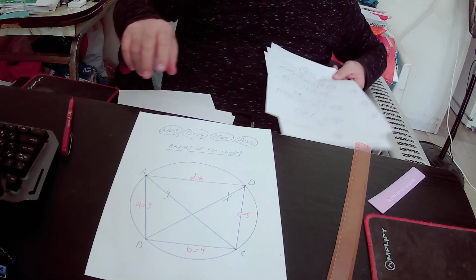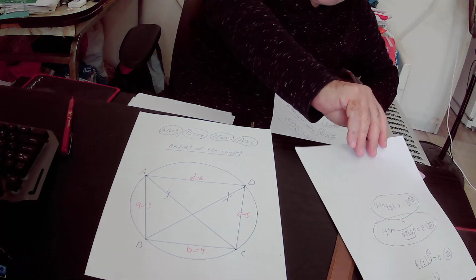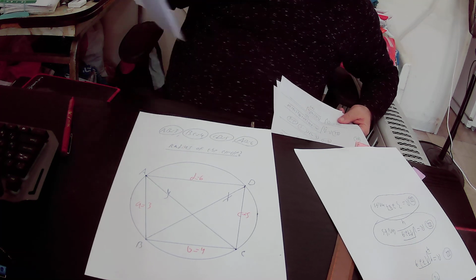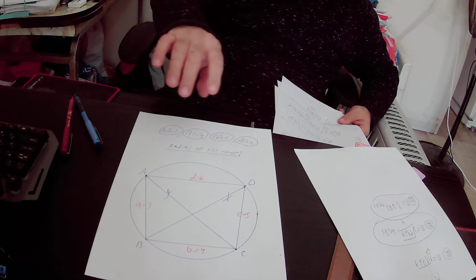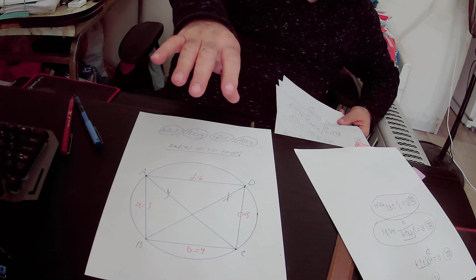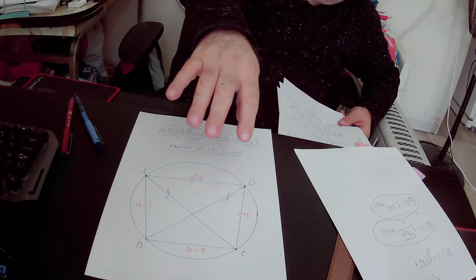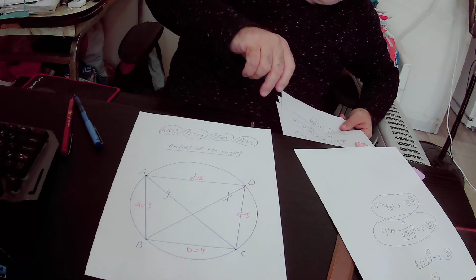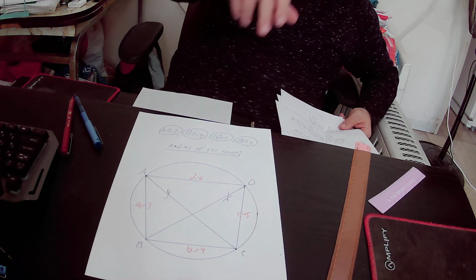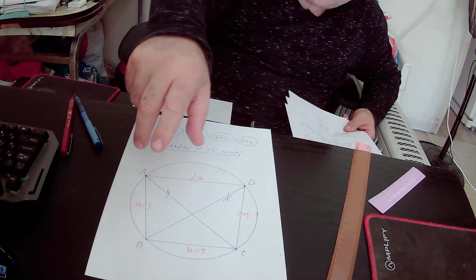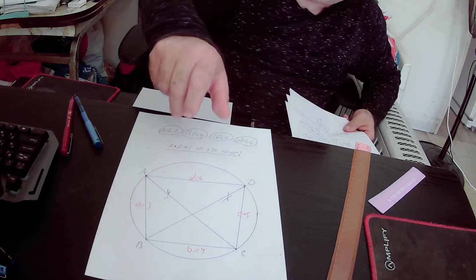Actually, we wanted to find out the radius of this circle, and inside this circle we have quadrilateral ABCD. Quadrilateral ABCD is inscribed in this circle. We know that AB equals 3 units, BC equals 4 units, CD equals 5 units, and AD equals 6 units.